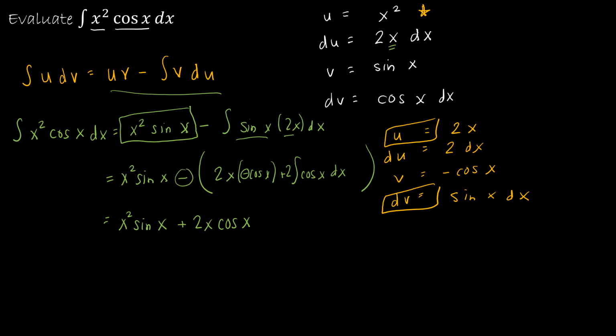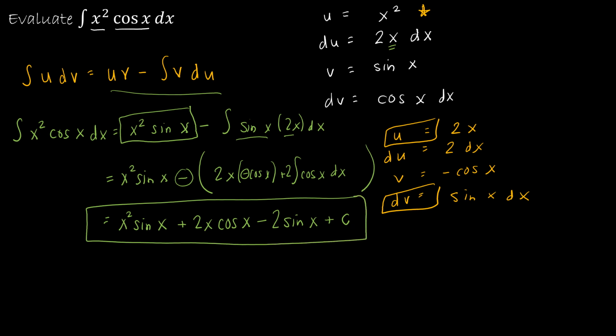So this is the minus 2 sine of x plus c. So I've got x squared sine x plus 2x cosine of x minus 2 sine of x plus c as my final solution. Again, not horrible, just that we had to do integration by parts twice because we ended up with an integral that required us to use integration by parts again.